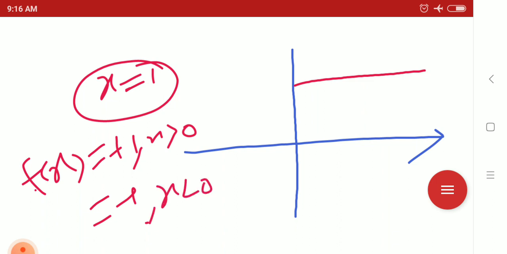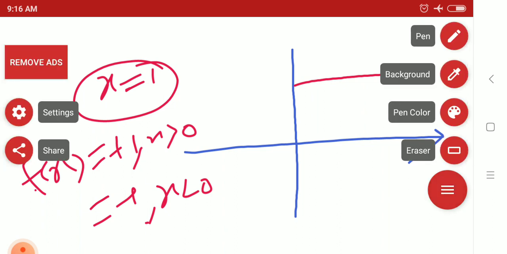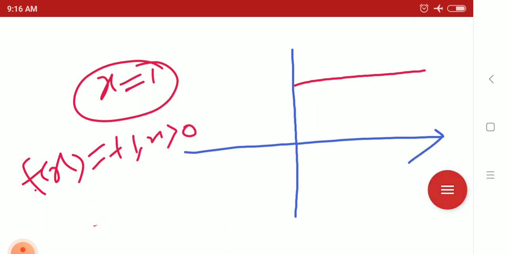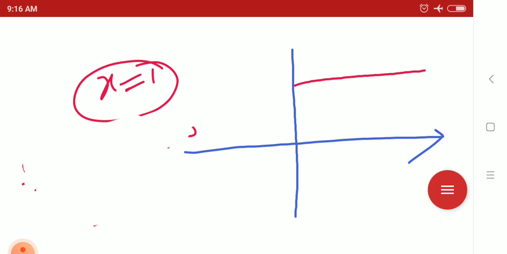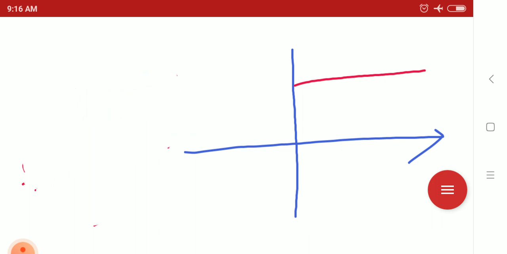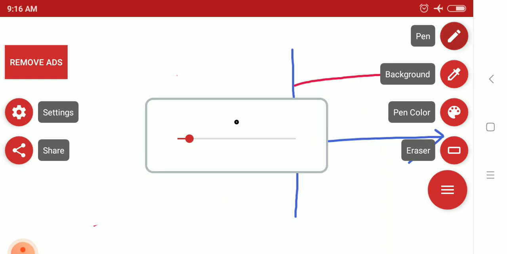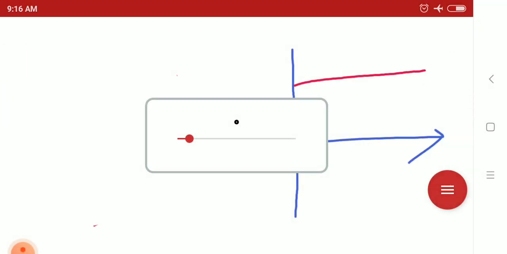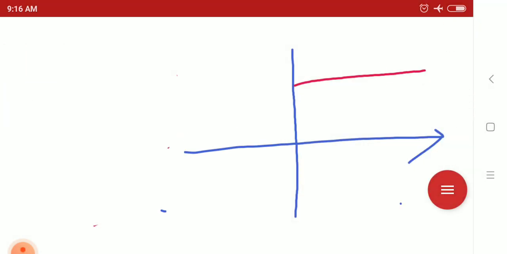So at x equals 1, the graphical representation is such that f of x equals plus 1 at x greater than 0 and f of x equals minus 1 at x less than 0.